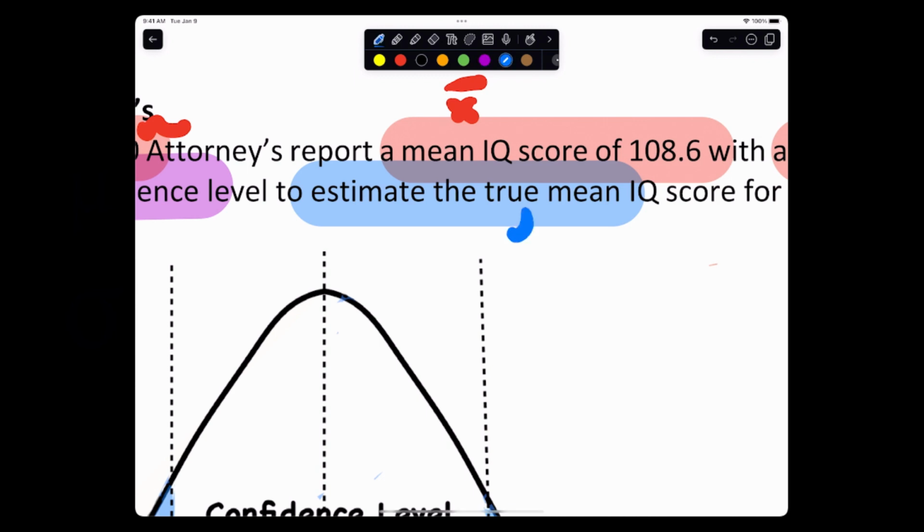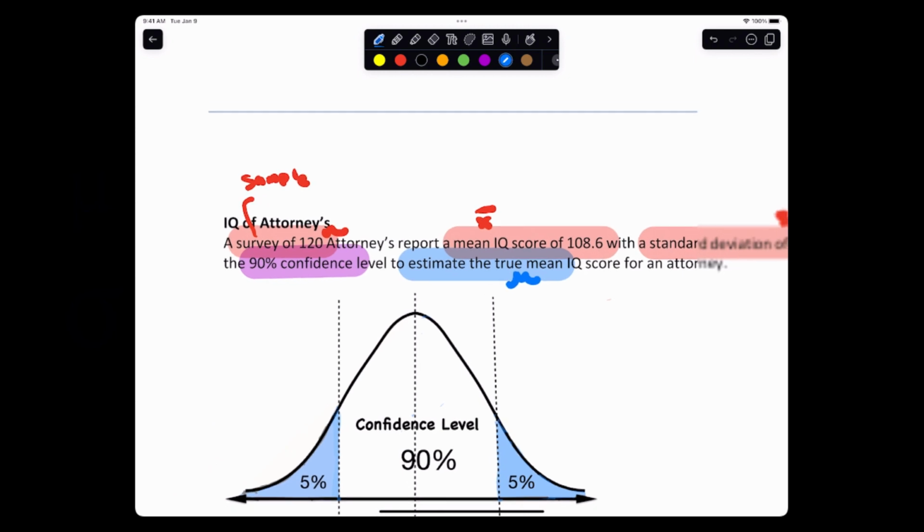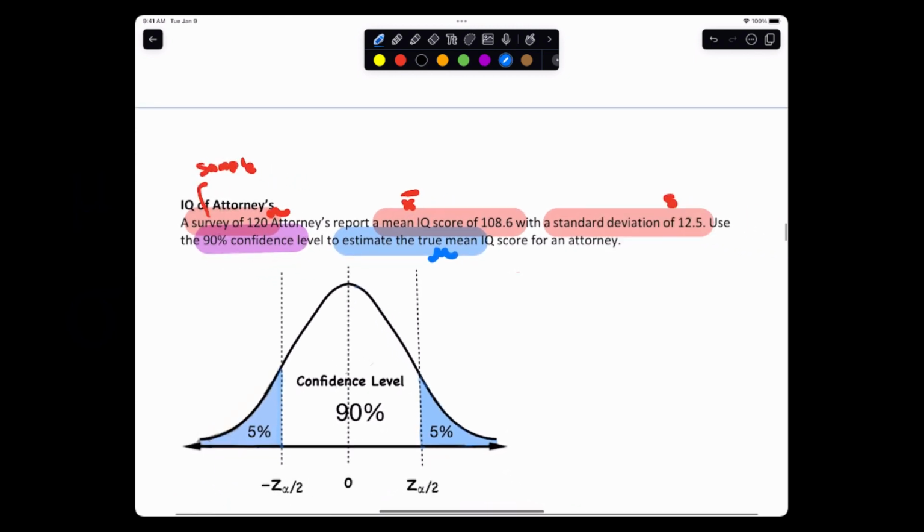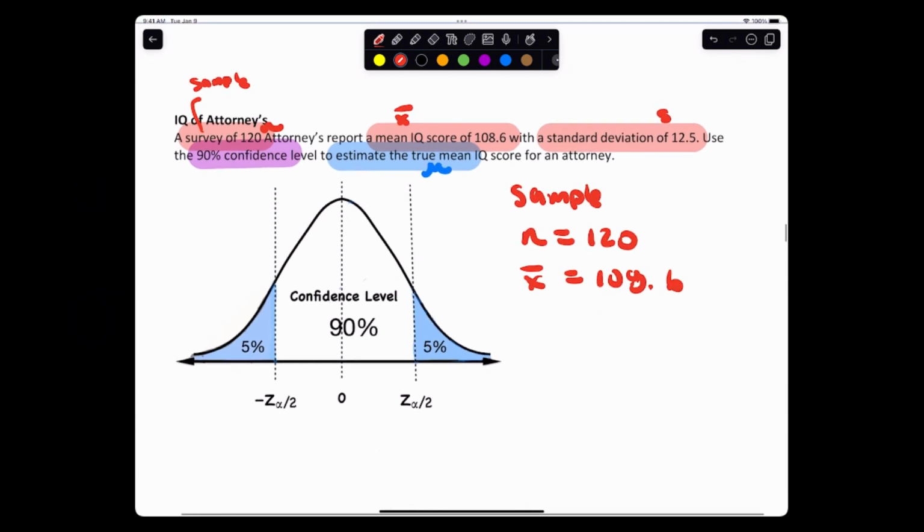Whenever I do these questions, I do it exactly like I'm showing you guys. I read through it, and I write down in red. I say, oh, here's my sample information. The sample size is 120. The sample mean is 108.6. The sample standard deviation is 12.5. And the 90% confidence, I have to write that as a decimal, and that's 0.90.